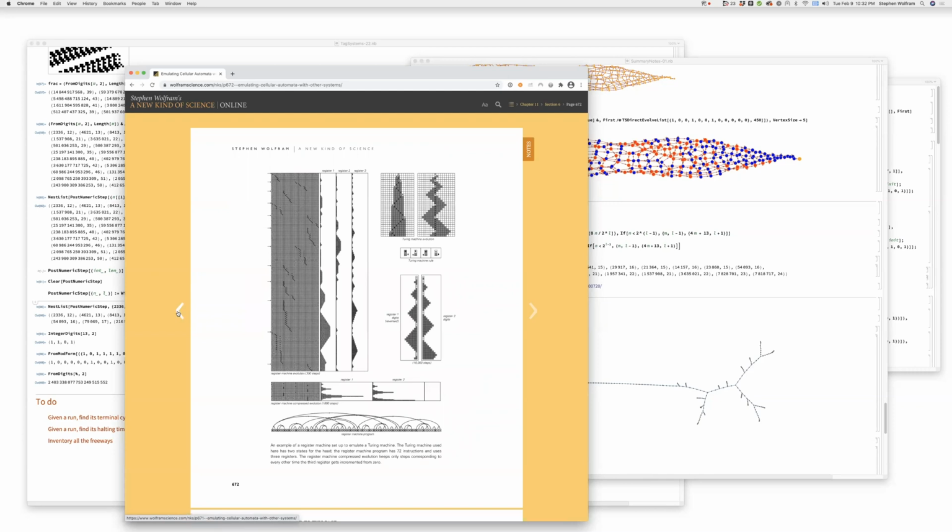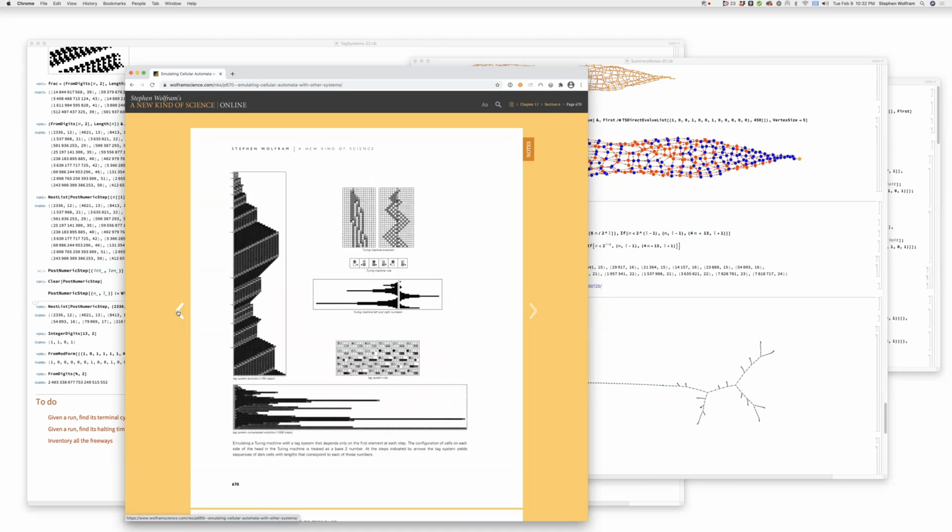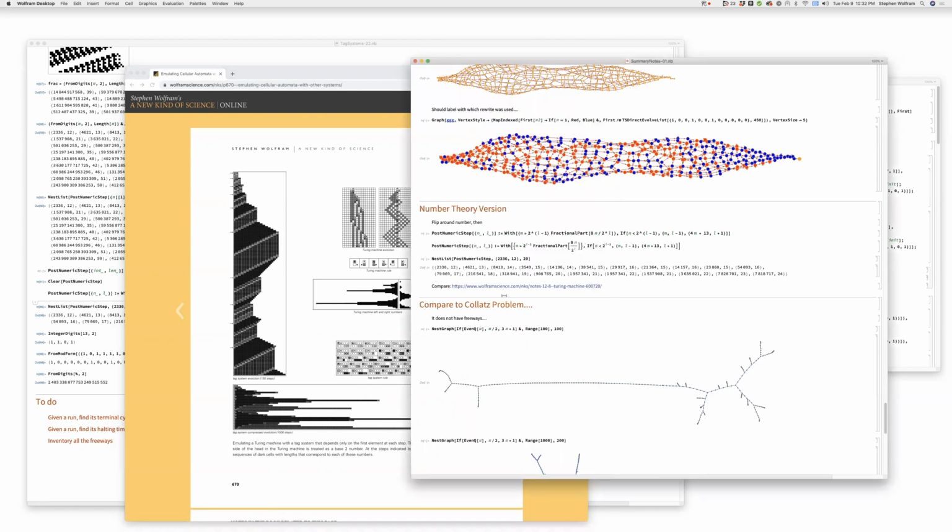That's a register machine doing a Turing machine, which is very similar to this. And there's probably a tag system. Yeah, that's the same kind of tag system.